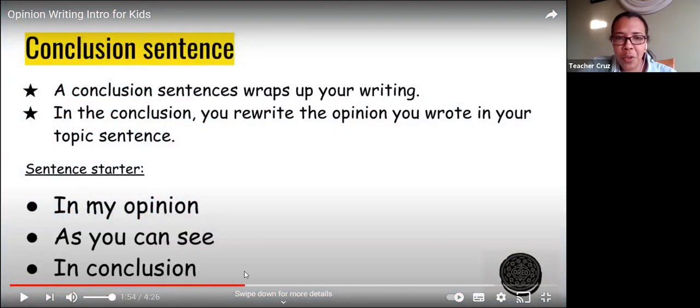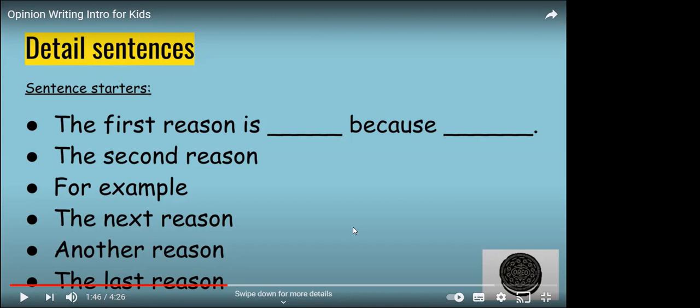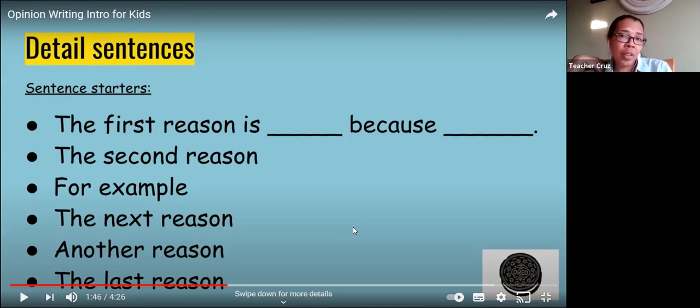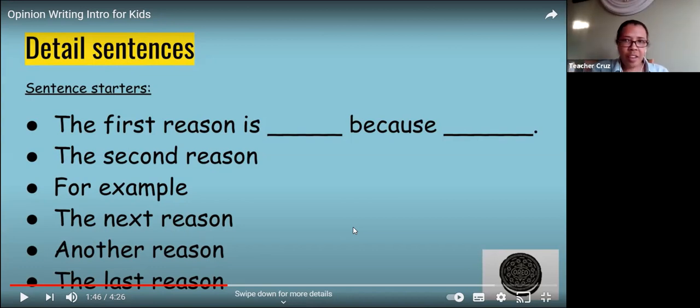Conclusion sentence. Okay, what do you think about that, Hugo? The first reason, second, third, what are you doing with that information in your paragraph? It's an argument, no? Yes, kind of. And what else, Julissa? It's like the order of the paragraph. Yes. And Nubia, what do you think?